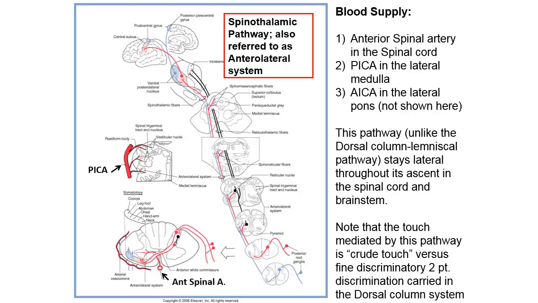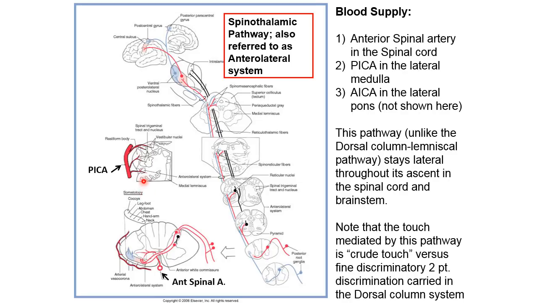Recognize that the blood supply for this pathway is different at different levels of the pathway, so that the anterior spinal artery in the spinal cord provides support at this level for both the anterolateral system and, of course, the corticospinal tract, which is sitting right here. So both of those are fed by the anterior spinal artery. The dorsal columns are not fed by that region.